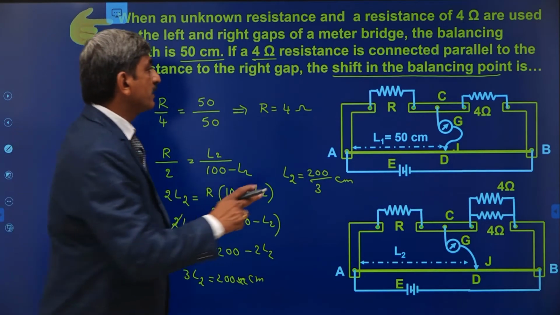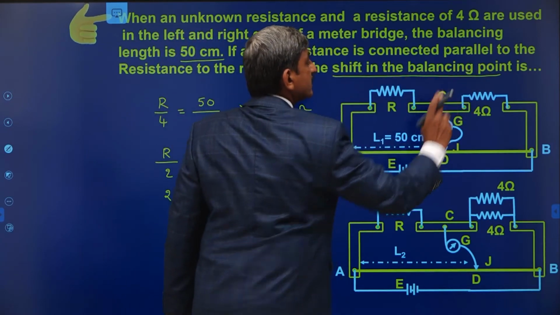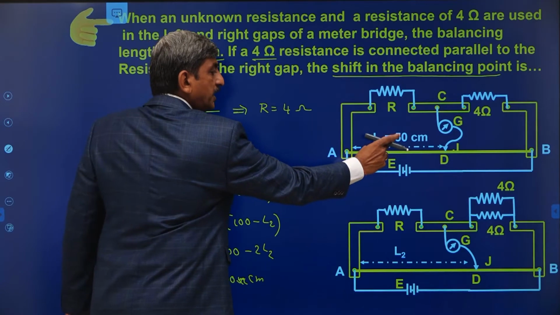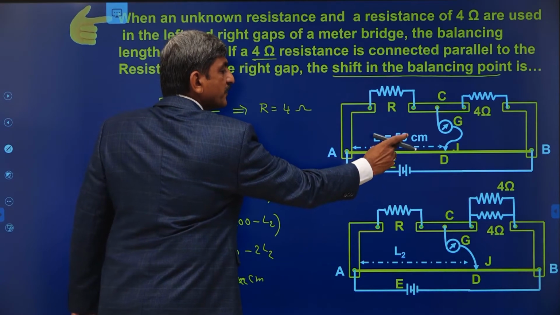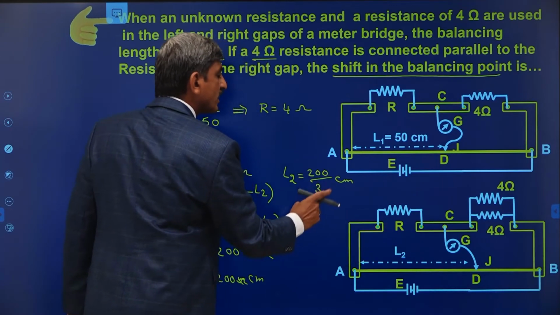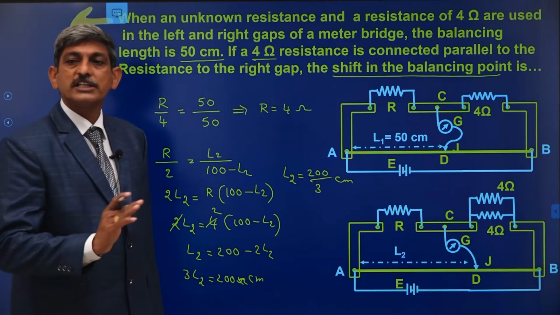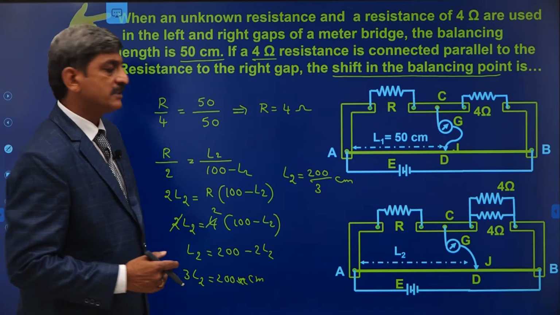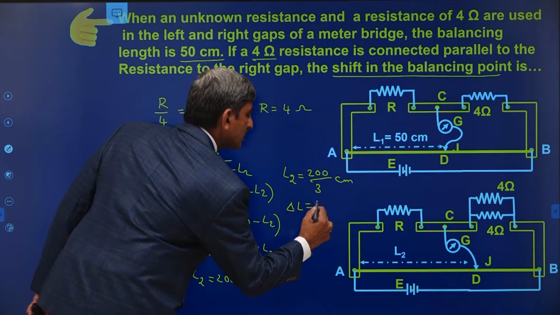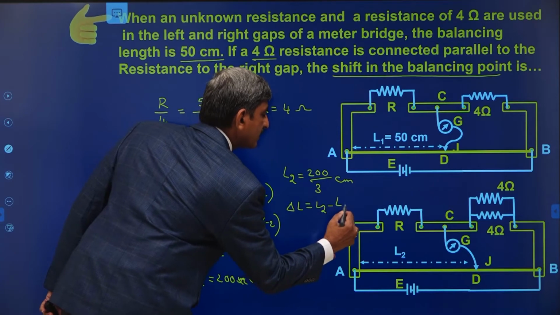We want to determine the shift in the balancing point. Here the initial balancing point is at a distance of 50 centimeters. The new balancing point is at a distance of 200 by 3 centimeters, so that there is some shift in the balancing point. So the shift in the balancing point is given by delta L is equal to L2 minus L1.